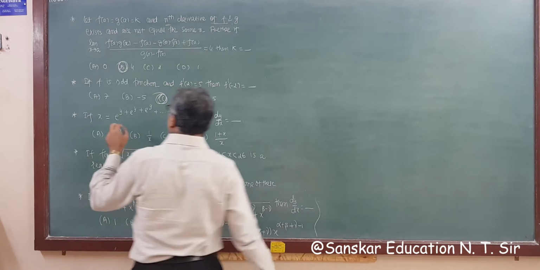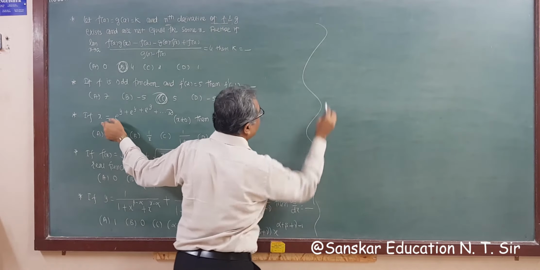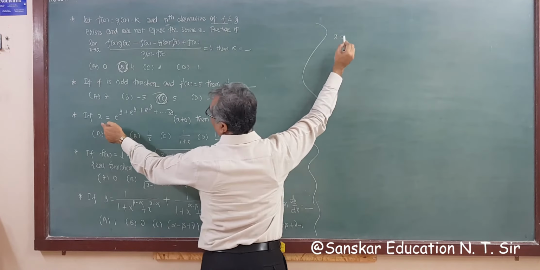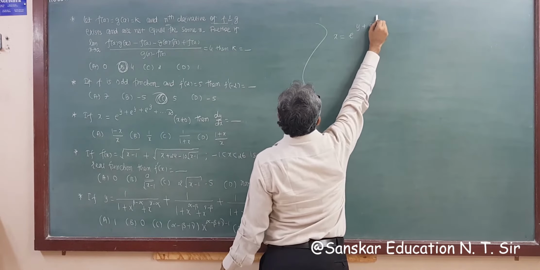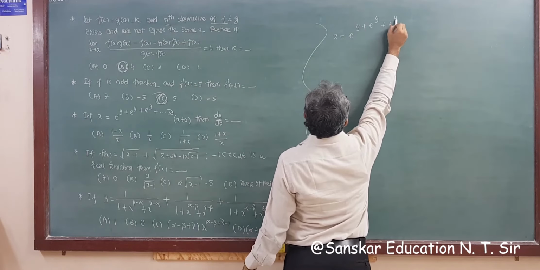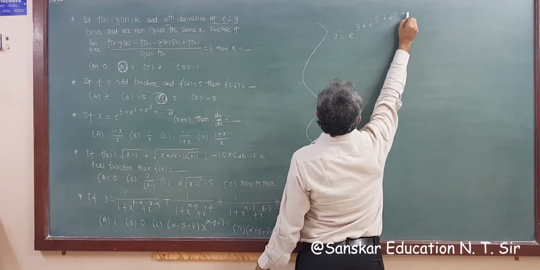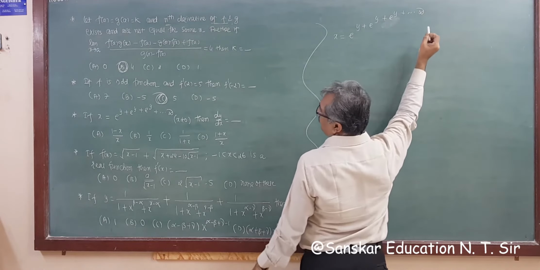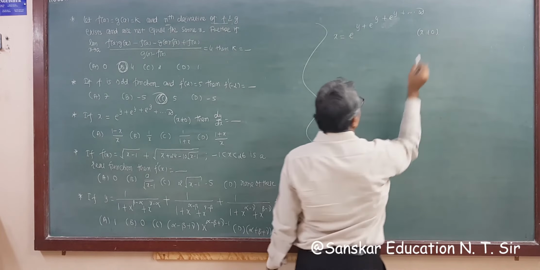So what is given here? x is equal to e^y plus e^y plus e^y, plus dash dash dash up to infinite terms, and x is not equal to 0.